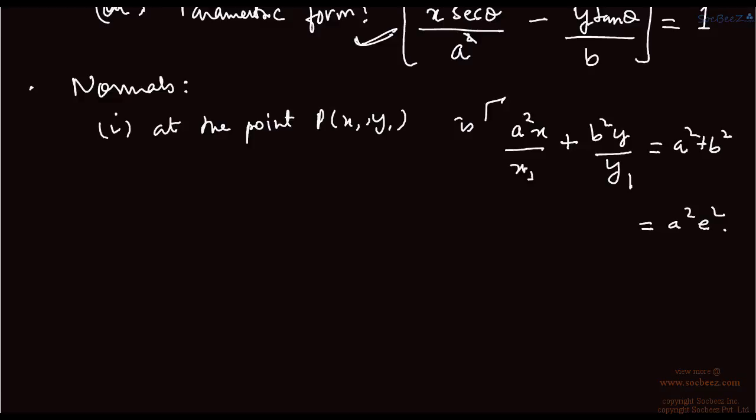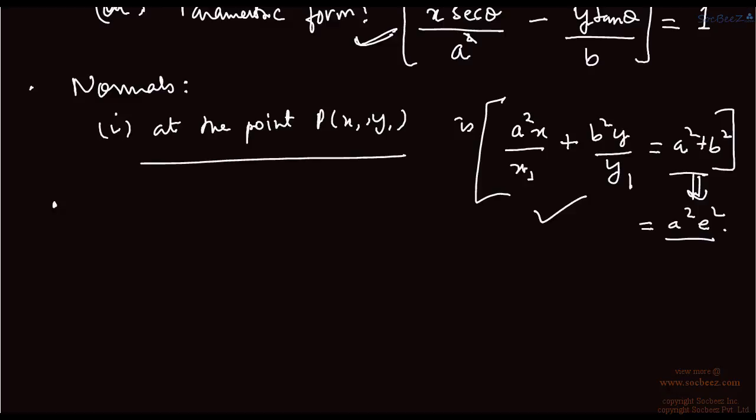So this is the equation of a normal at the point. If you are given a point (x1, y1) on the hyperbola, then you'll find the equation of normal by this formula.